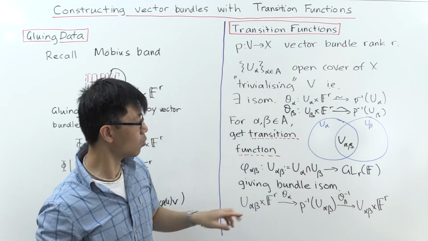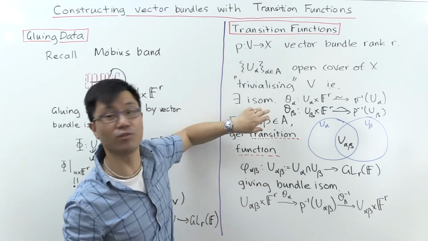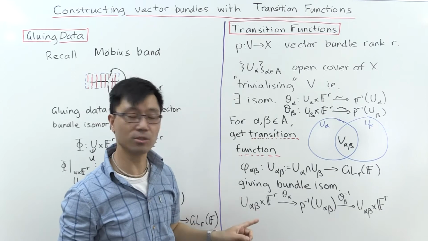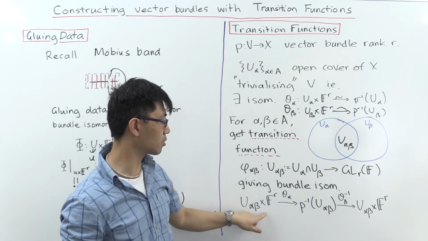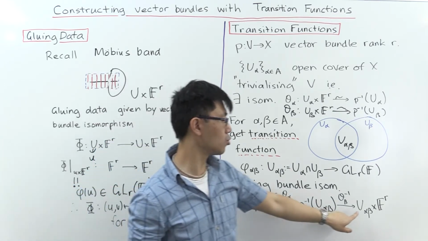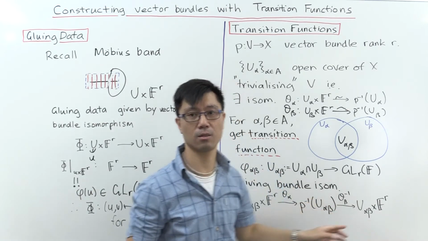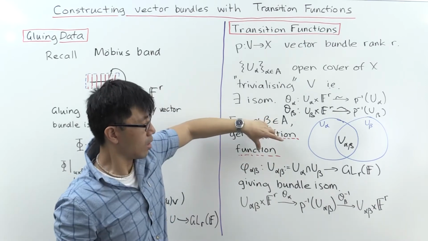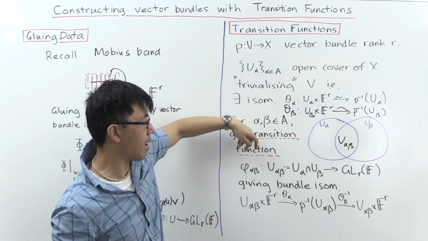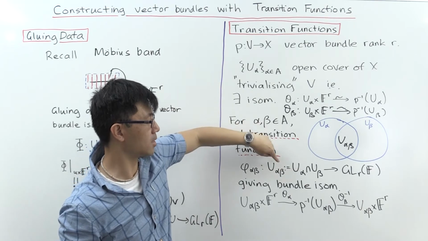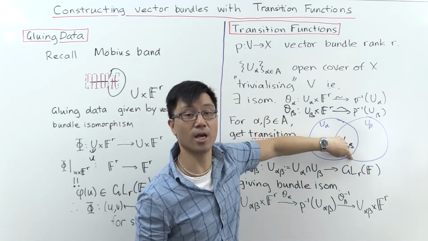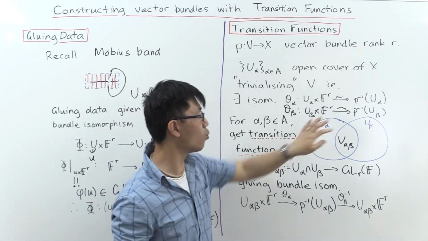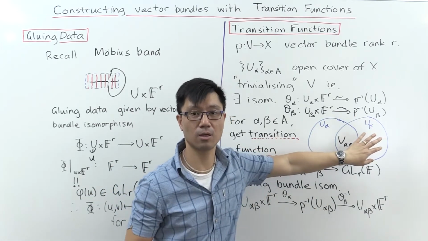So at the end of the day, given this vector bundle, and given two open sets in this open cover, you get a bundle isomorphism from U alpha beta cross F to the r to U alpha beta cross F to the r. And since you get that, of course, this must come from a map phi alpha beta from this intersection U alpha beta to GL_r(F). And basically, that tells you how to go from one trivialization to the other.